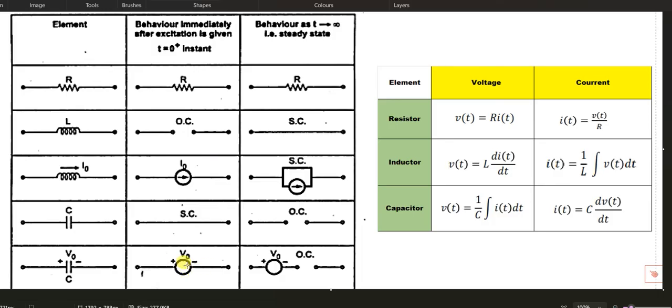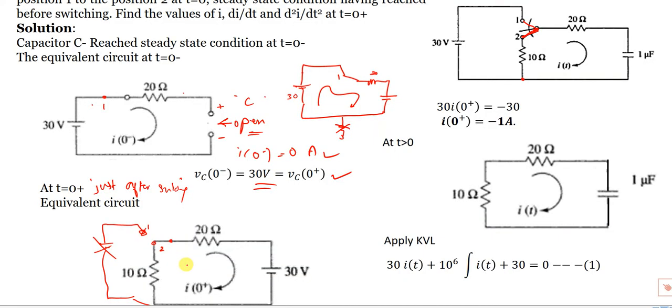So it is a 30 volt source. The polarity is plus and minus, because the capacitor is charged plus here, minus here. So we can consider it as a voltage source of plus minus.